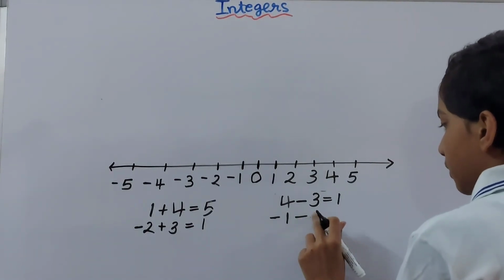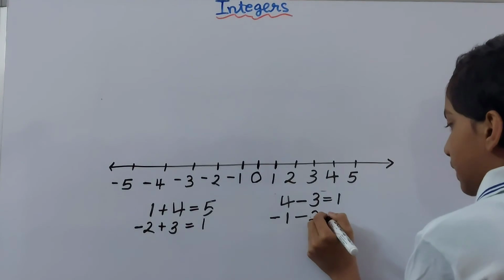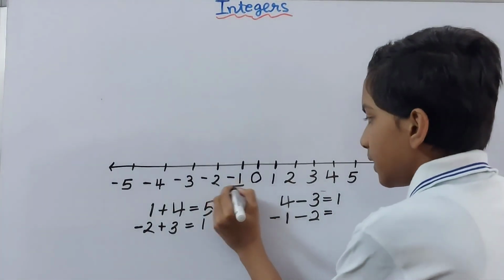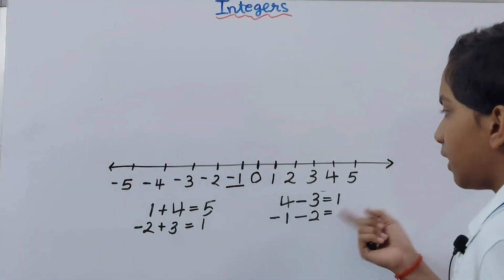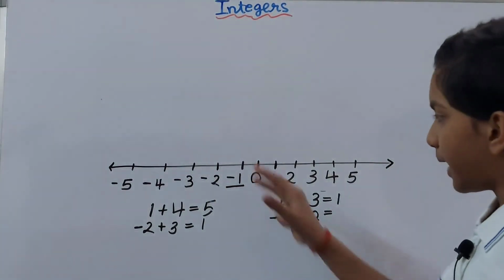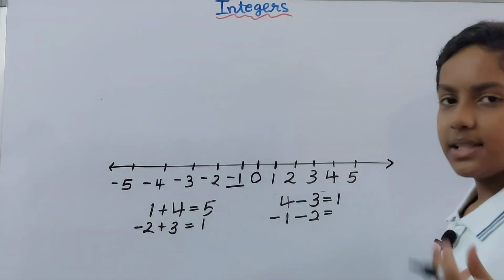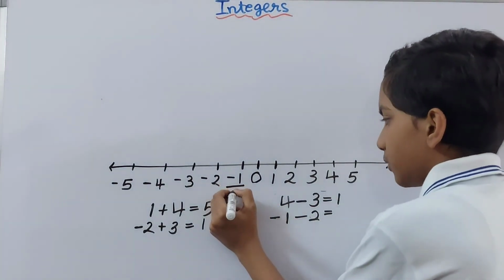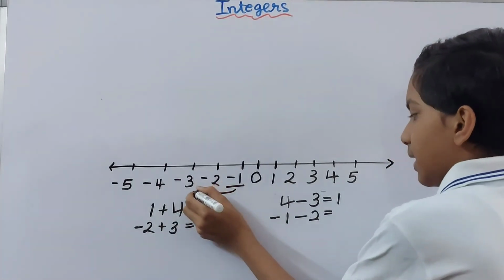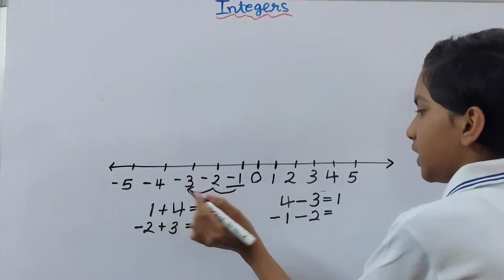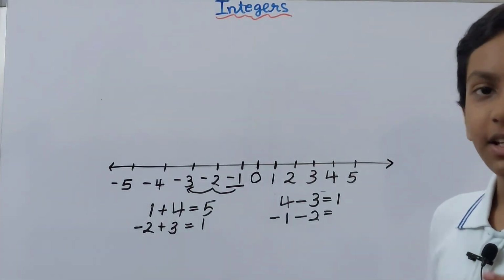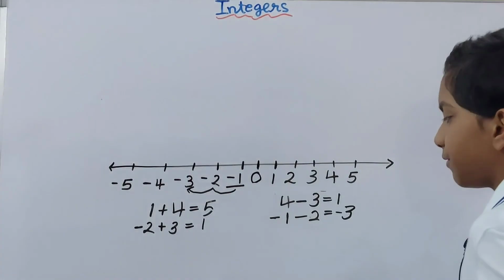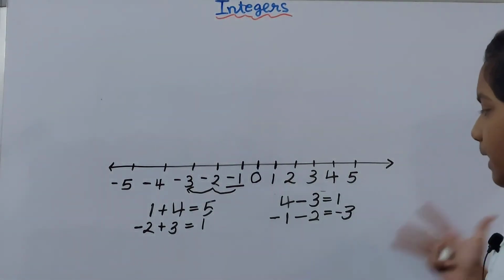Okay, so that gives us, let's suppose here we have minus 1 over here, and if we move 2 steps back over here, as I said we need to move to the left whenever we are subtracting. So 1 step and 2 steps, so we reach negative 3 over here. That means we will write negative 3 as our answer, minus 3.